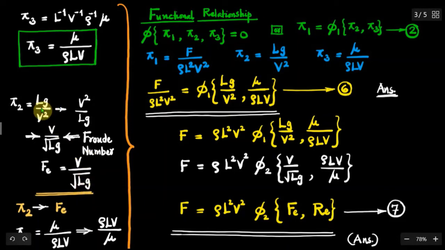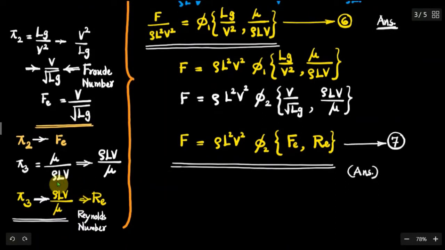Even if you take the square root of it, or the reciprocal of the pi terms, the non-dimensional nature will not be affected. So you can replace this Lg by V square in the form of V by root of Lg, provided you take another function. Now the third pi term.